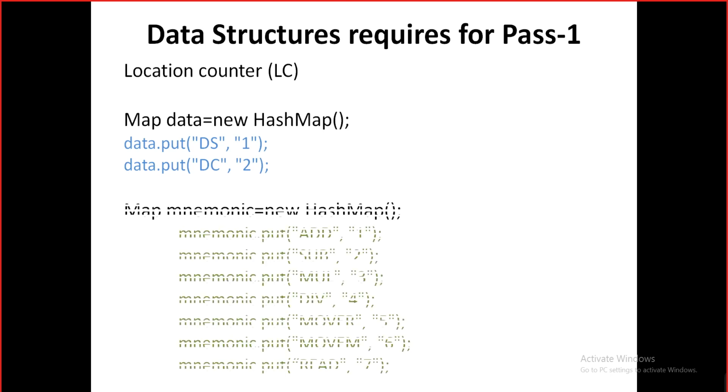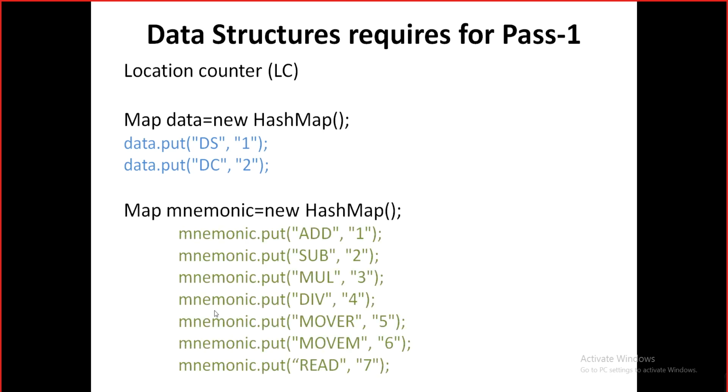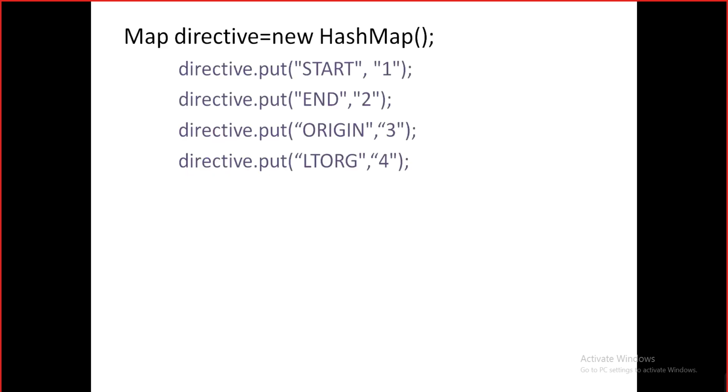Similarly, for the imperative statement mnemonics, we have a separate hash map, a hash map of instruction and value. Got to know? Similarly, we have one another hash map.